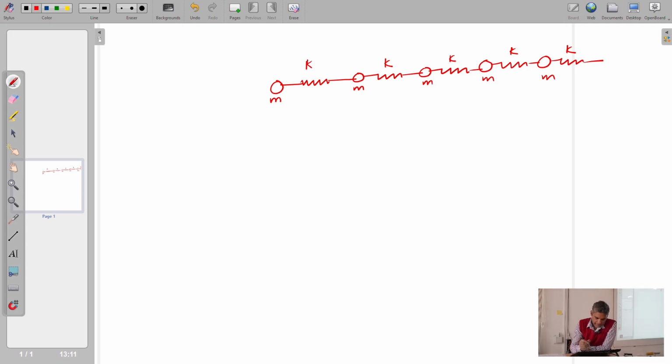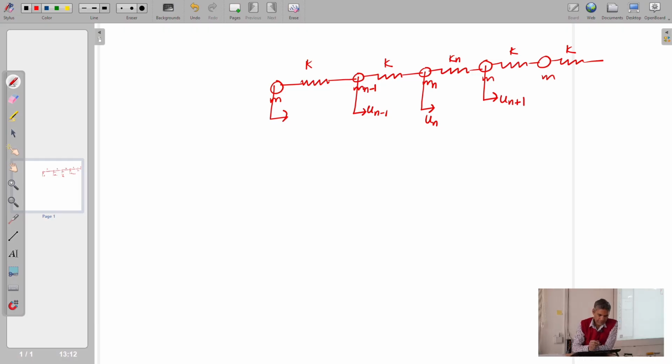Let us say this mass is the mass of the nth spring, so say Mn, right, and say this is Kn, right, and as such this will be having displacement, say Un. Say this is my spring n minus 1, right, this is Un minus 1. Similarly, we will be having displacement, this is Un plus 1.